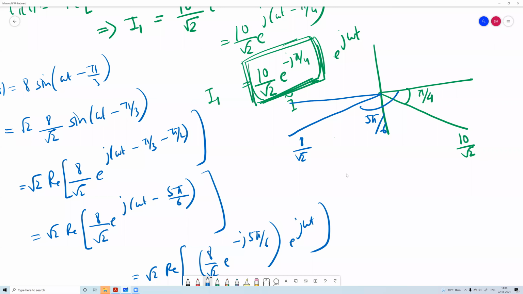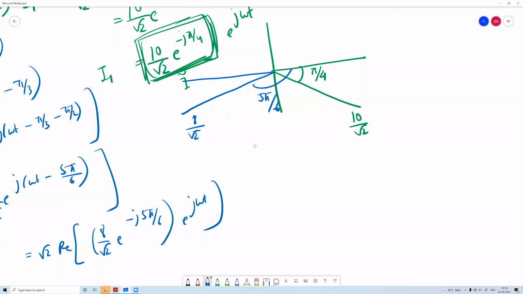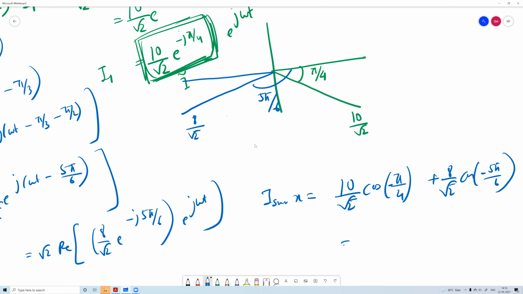Yes, sir. We can add the x components. So I sum x would be 10 root 2 cos of minus pi by 4 plus 8 root 2 cos of minus 5 pi by 6. Now cos of minus theta is cos theta, we know that.